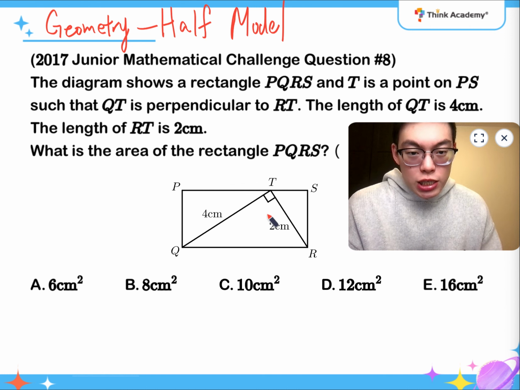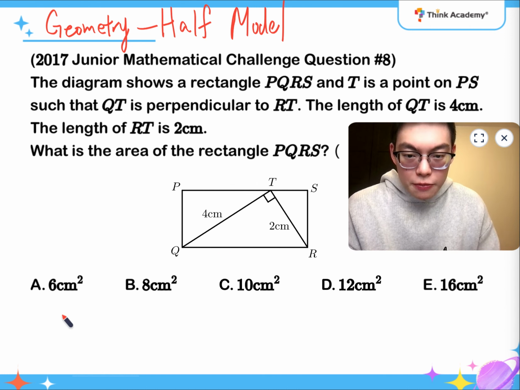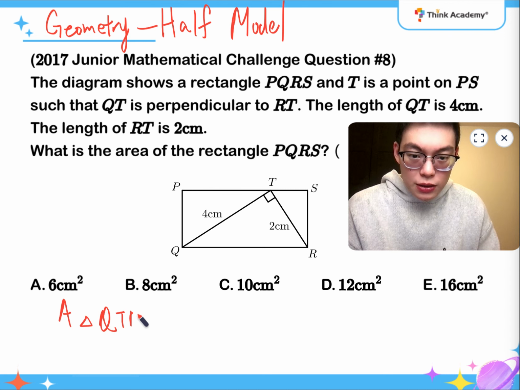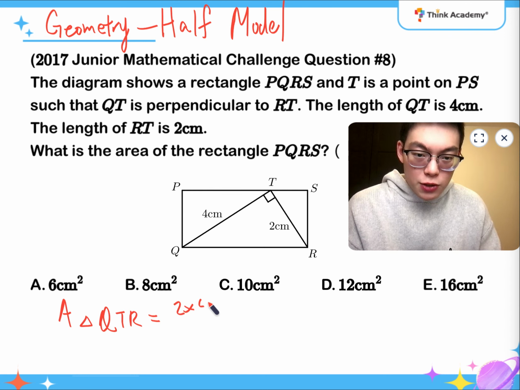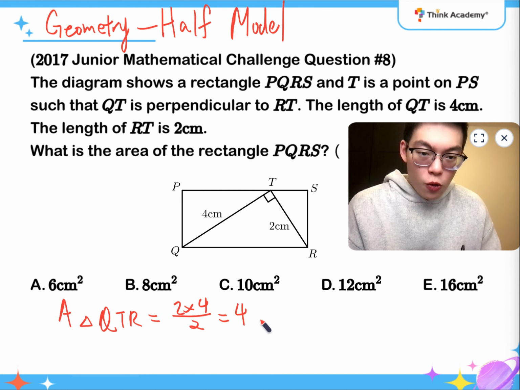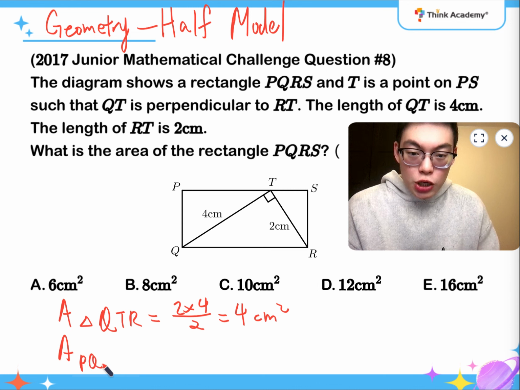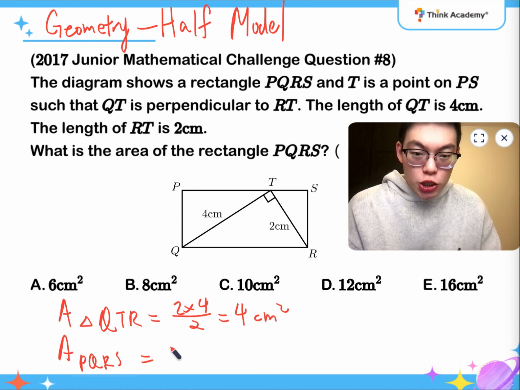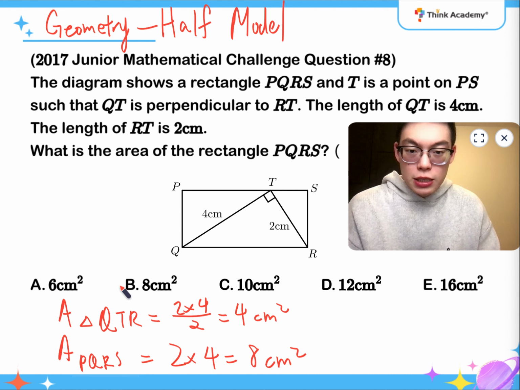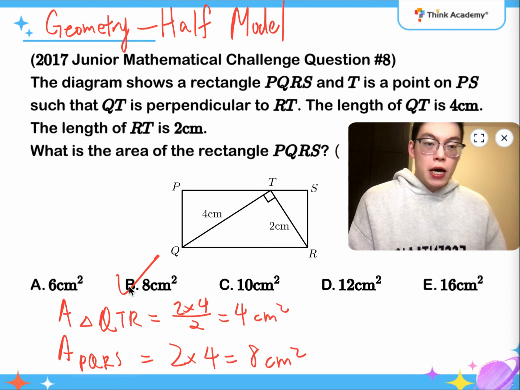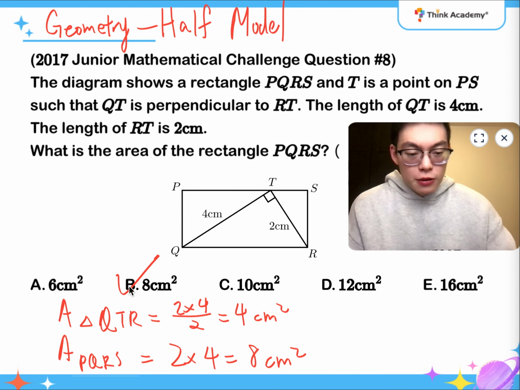So now we just need to calculate the area of triangle QTR, and that's going to be 2 times 4 divided by 2, which is 4 square centimeters. And the area of PQRS is going to be 2 times of that. So that's going to be 8 square centimeters. All right, so that's the half area model question.